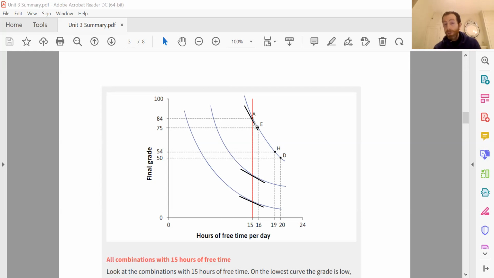The marginal rate of substitution changes along each indifference curve and is actually different at the same level of free time on different indifference curves. Okay, so that is the first key ingredient in decision making in this economic model. We need to know about indifference curves and the marginal rate of substitution.